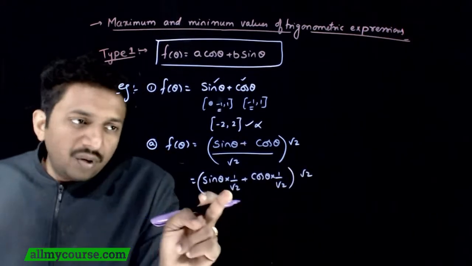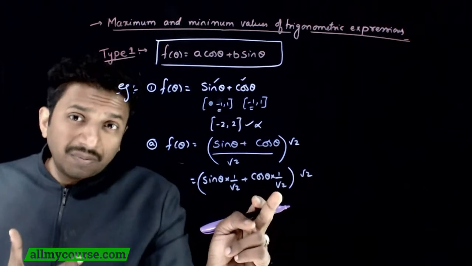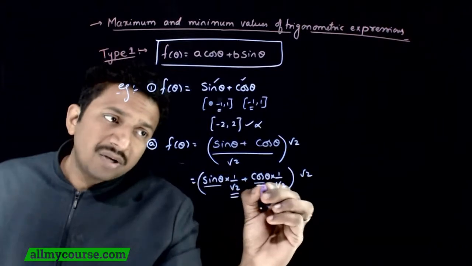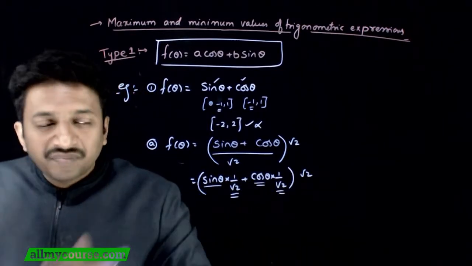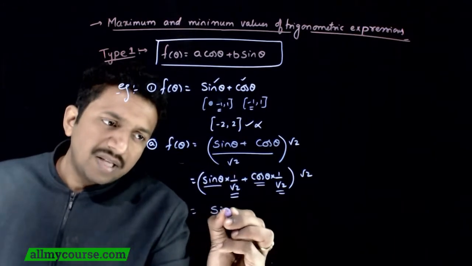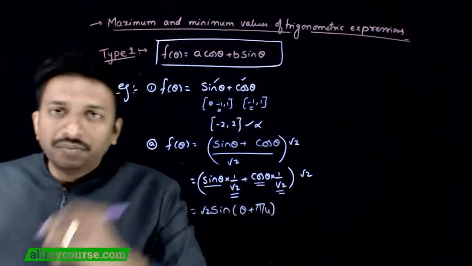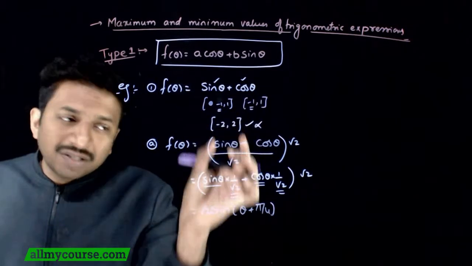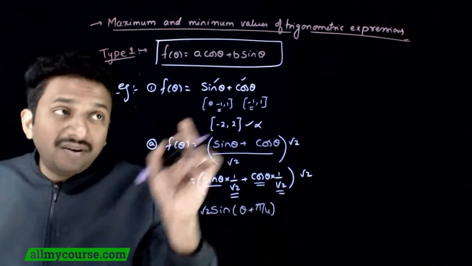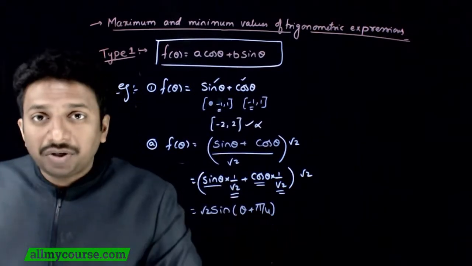We know that 1 by √2 is cos 45, and 1 by √2 is also sin 45. So this looks like sin theta cos 45 plus cos theta sin 45, which is nothing but sin of theta plus pi by 4. So sin theta plus cos theta can be written as √2 times sin of theta plus pi by 4. Effectively, I have converted two trigonometric ratios into a single trigonometric ratio.